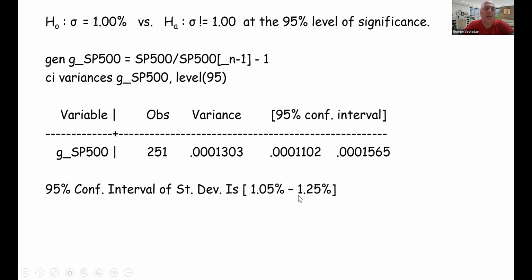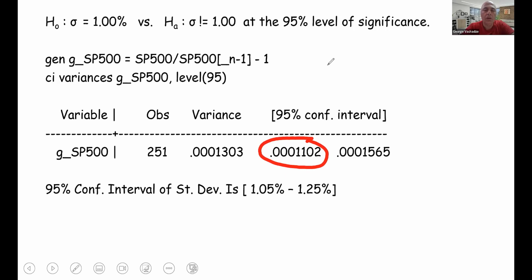Those two numbers I obtained by taking the square root of both sides of the 95% confidence interval of the variance. So this is the confidence interval. This is the lower bound.